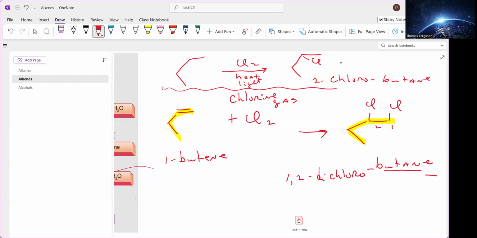When we have an alkene, we don't have to add any energy. That's because it's not very stable. It wants to do something. What it does in the presence of chlorine gas is it adds across the double bond, becomes more stable. So we end up with chlorobutane in both cases. One case we had to add energy, the other case it happened spontaneously. When it happens spontaneously, that means what you're starting with is unstable.